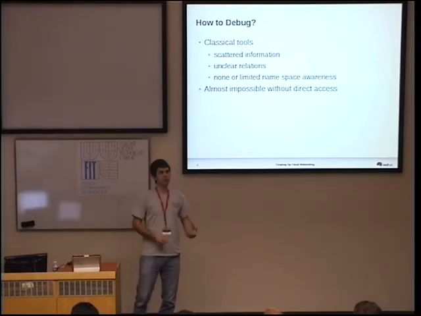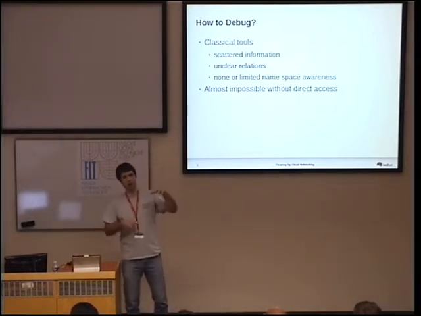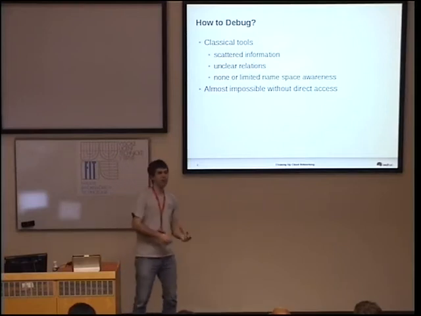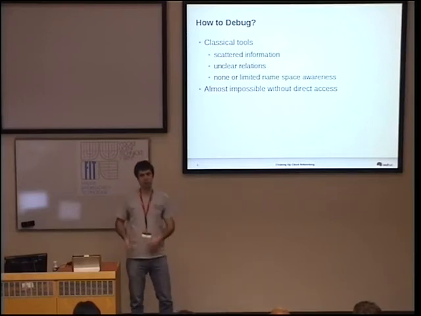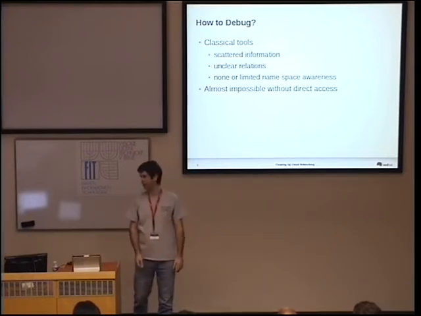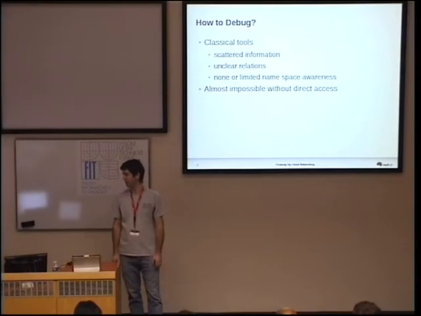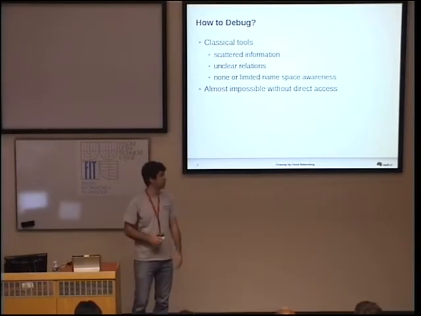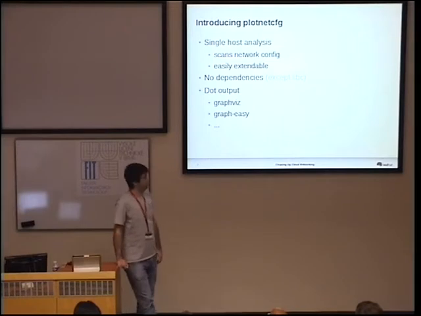Okay, please send me output of ip a for all of these network namespaces. Okay, please send me ethtool output for these particular interfaces in those namespaces, and so on. So it's like 5 or 7 iterations until you gather all the data. So this is not the way to go.